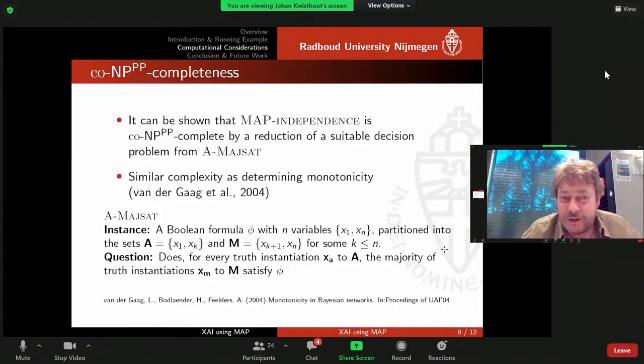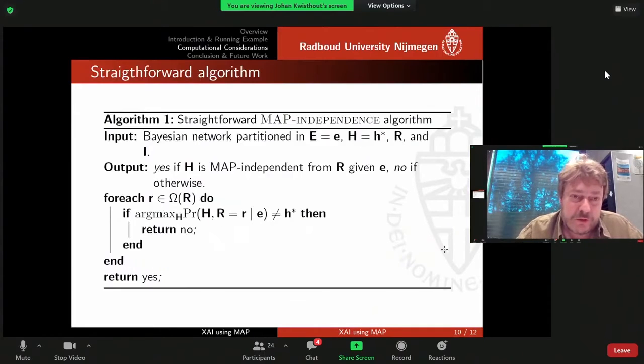You need to have a statement for all value assignments to R, and you need to do probabilistic inference for each of them. So hence these two contributions, two sources of complexity, the universal quantifier, so to speak, and the inference problem. Now, trying to solve this problem, there's a relatively straightforward algorithm that would solve it.